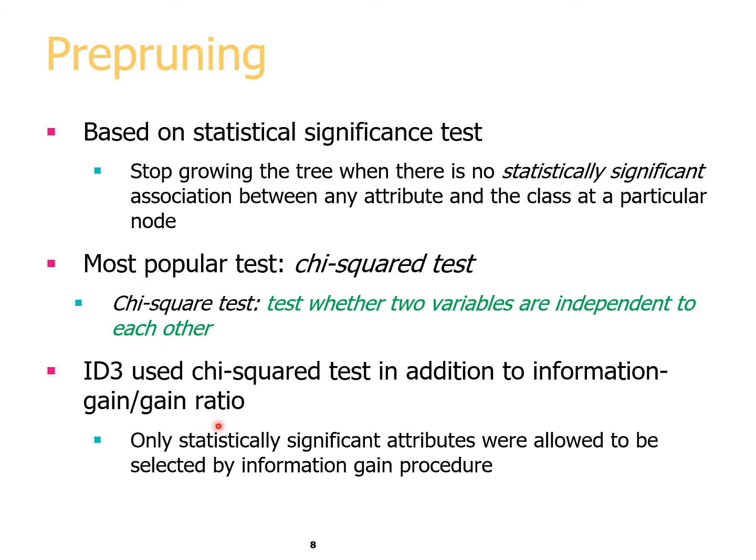But before you add the attribute to the decision tree, you run a chi-square test and test whether the attribute you selected is independent of the target attribute. If the attribute is independent of the target attribute, then you stop there. That's the basic idea of pre-pruning with the chi-square test.